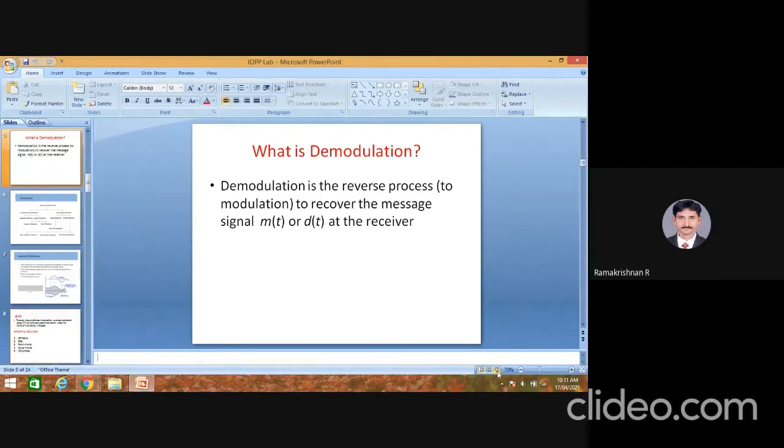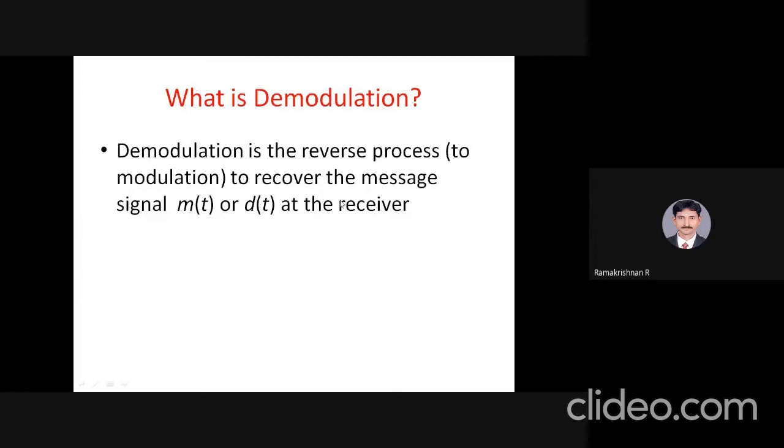The message signal is also called a modulating signal or a baseband signal or an input signal. For the modulation, the input signal, that is the modulating signal, and the carrier signal are given to the modulator, and the output is called the modulated signal or the output signal.